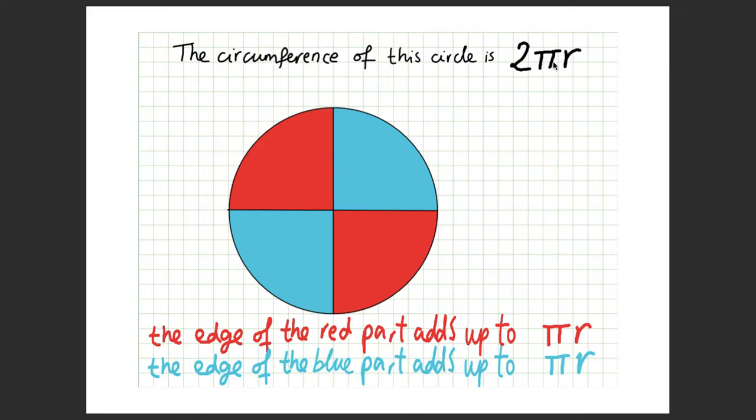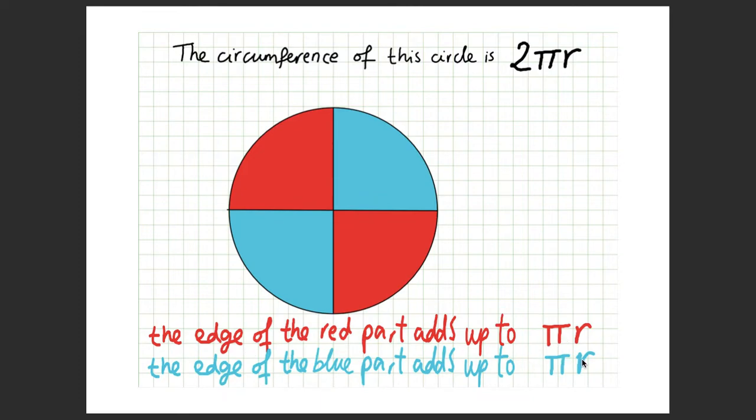Pi, remember, is that number 3.14159 and so on. So because the whole circumference of the circle is 2 times pi times r, I've split it up into blue and red, and the red edge, so that's that plus that, adds up to just 1 times pi times r, or just pi times r in other words.